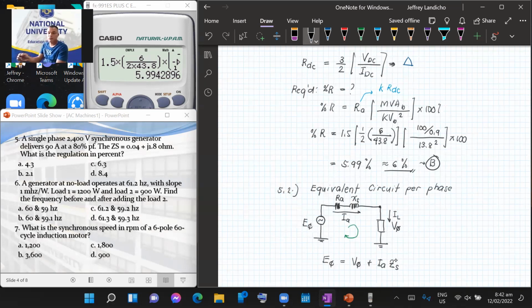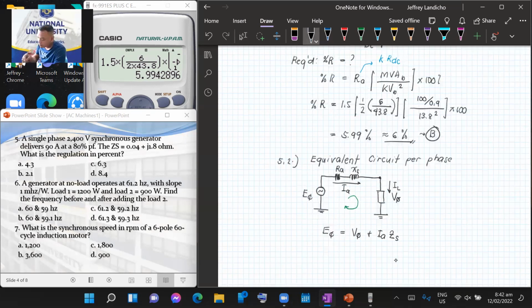But take note, this should be added vectorially. So vectorially, our E per phase has a given angle, usually represented as delta, and V per phase should be our reference, so angle 0. Our armature current has a given angle, either plus or minus, depending on the power factor.